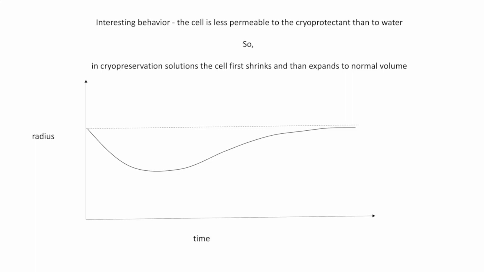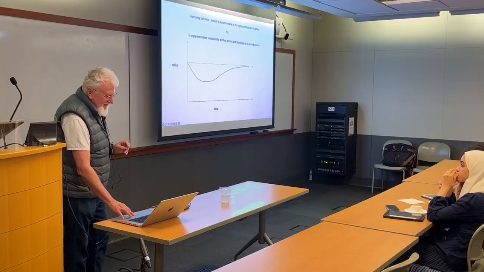So to equilibrate the difference in chemical potential, the water will leave first. Okay? But then glycerol says, well, I want to go in because the concentration of glycerol inside is low. So the glycerol starts moving in, and then you get back to the normal dimension. So it's a very interesting phenomenon of mass transfer.